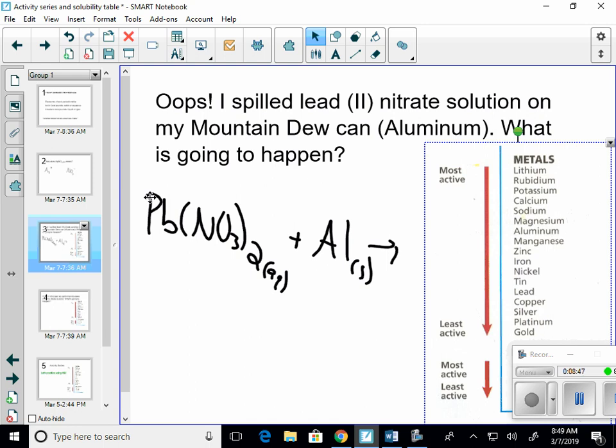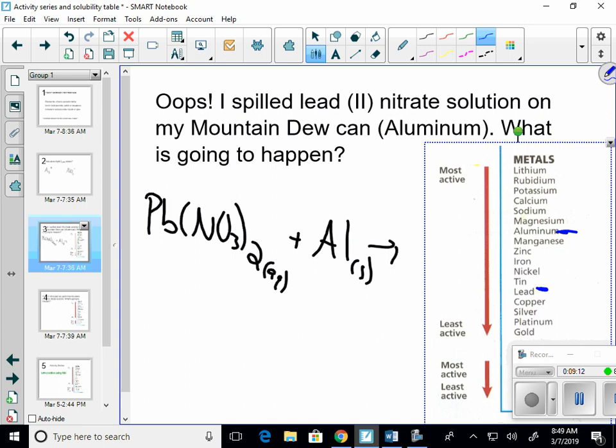Okay, so if I look at my list right here, I see aluminum right here. I see lead down here. When metals are in their ion form, they are more stable, because when you lose electrons, you get closer to the octet.